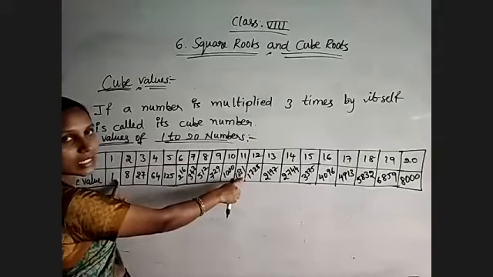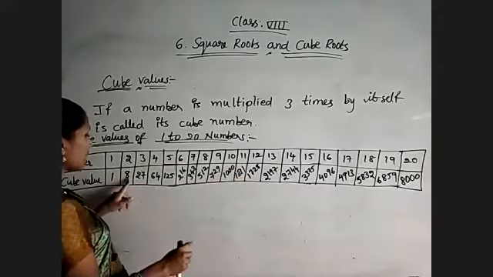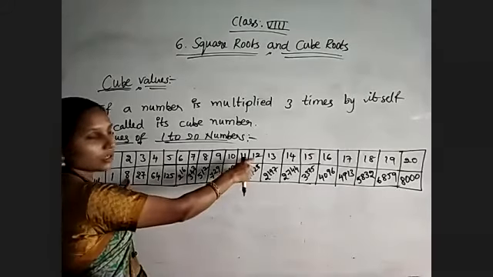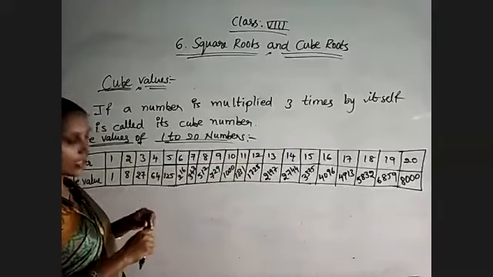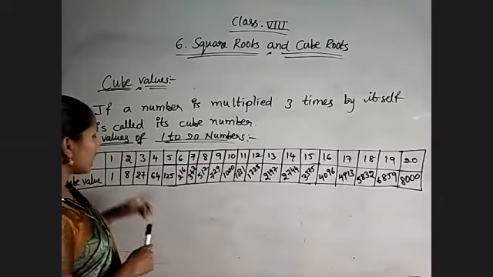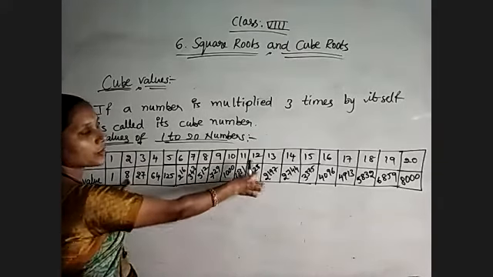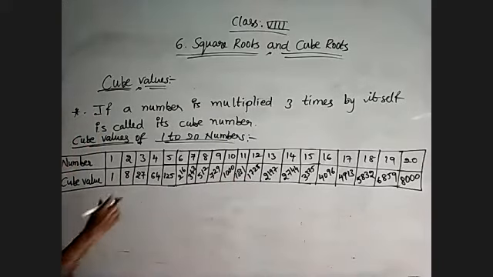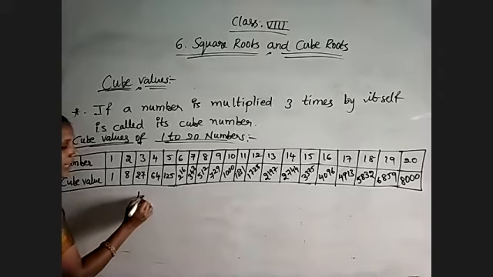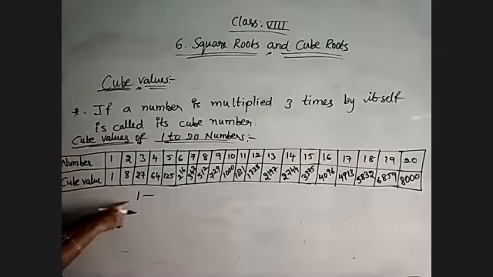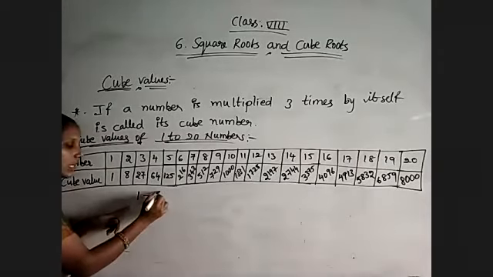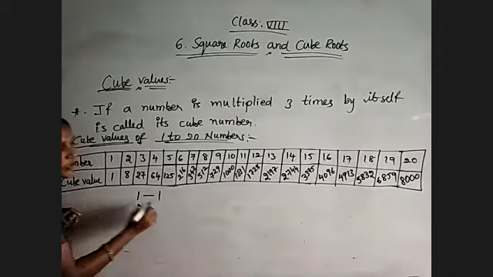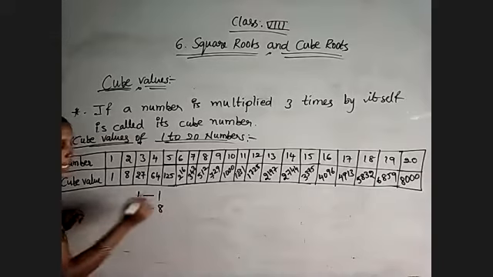Next, 2 cube I am getting 8, and coming to 12, both 2 and 12 have 2 in their unit digit and their cubes have 8 in the unit digit. These are the properties of cube values. When we find the cube of a number which has 1 in its unit digit, we will get 1 only. If the number has 2 in its unit digit, its cube will end in 8.